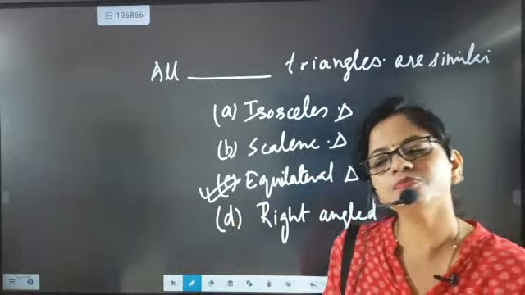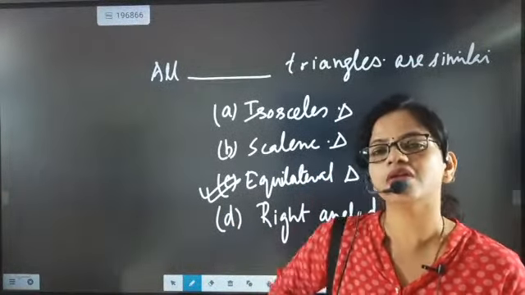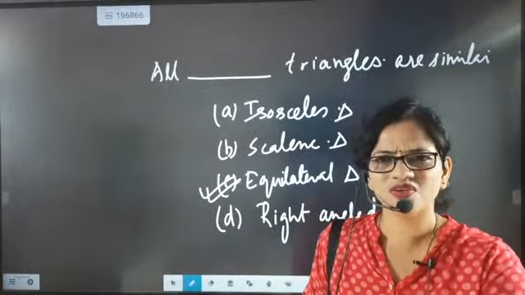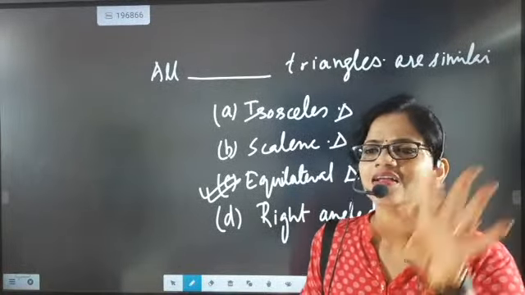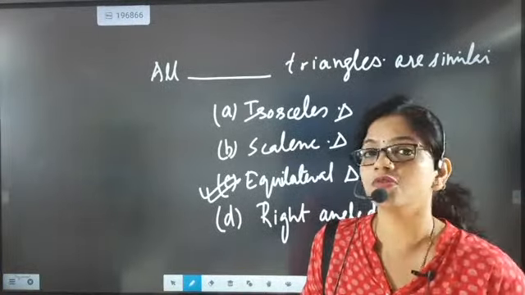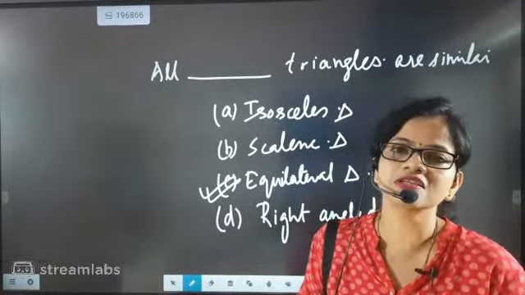The concept is very simple, beta. Angles are 60 degrees for an equilateral triangle, everyone knows, but sides may not be the same. So that's why equilateral triangles are similar triangles.